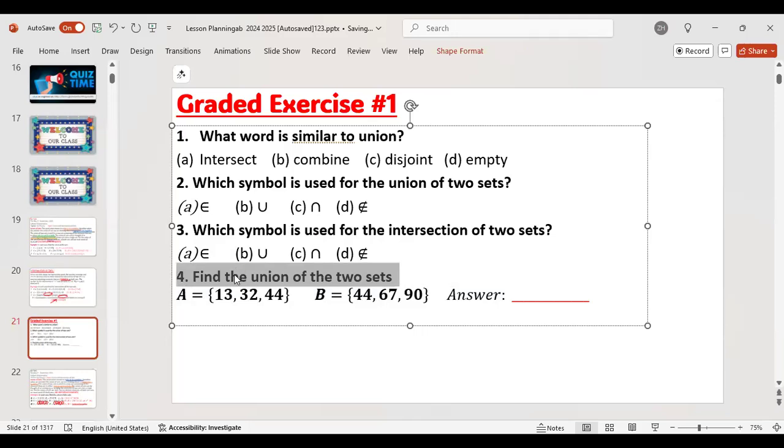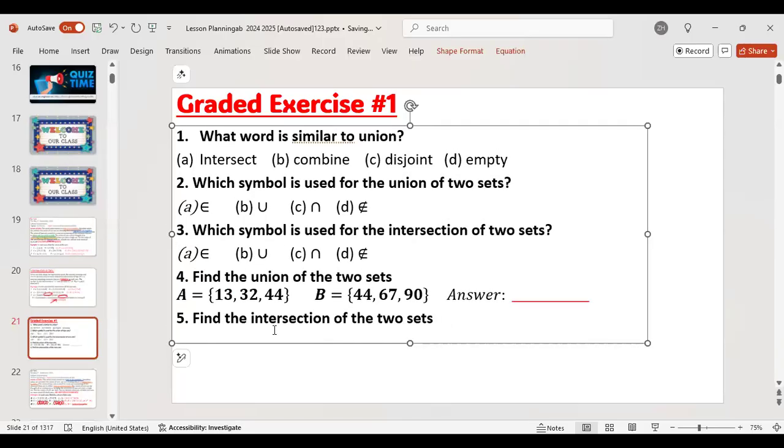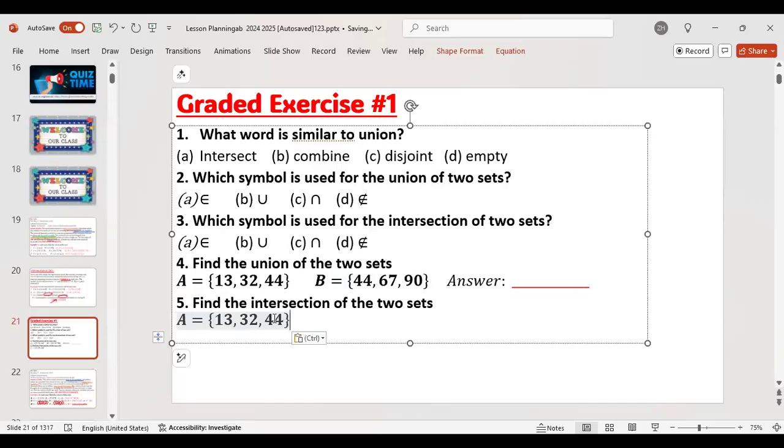Number 5, we want to find the intersection of the two sets. So let's say we have number 5. So the intersection is going to be, let's say set A has 3, 4, 5, 6.